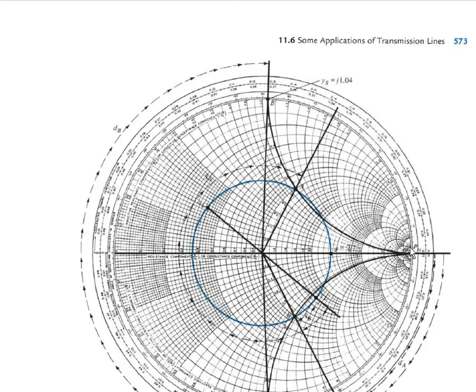So we can find the stub admittance by looking at the reactance circle at that point A and this point B. This is plus or minus, the same value should be there. So find the reactance circle value at the points A and B, that should be plus or minus a reactance value.